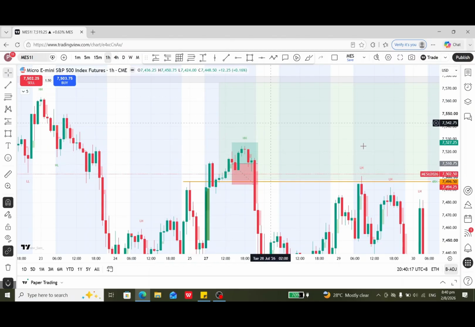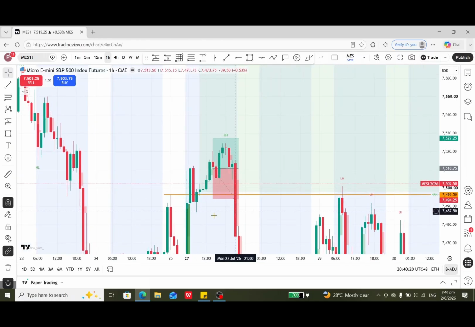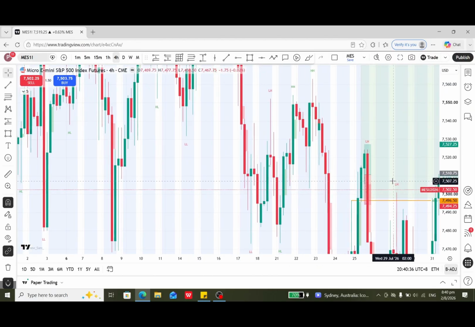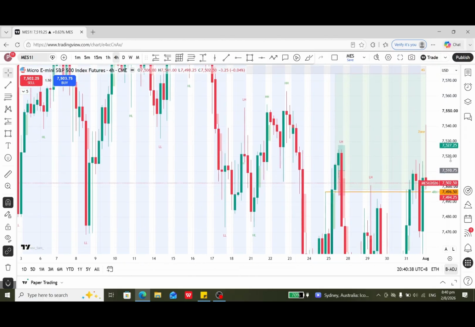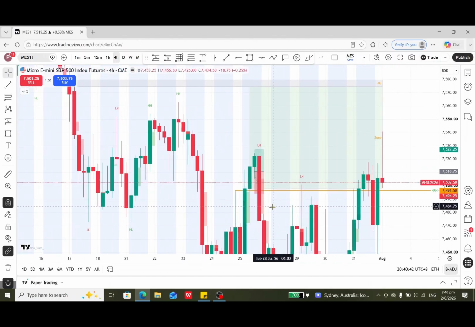The only thing that can be optimized is the stop loss. Because on this trade I'm entering here, this is my first gap, this is a second gap. But I put the stop loss to cover this day here, because at the time I put the limit order, I wanted the 4-hour candle.